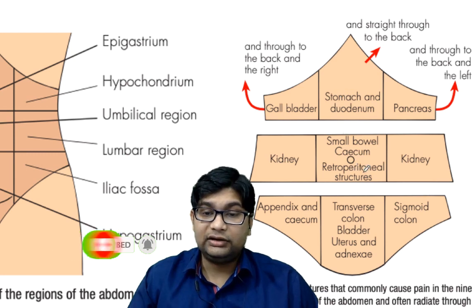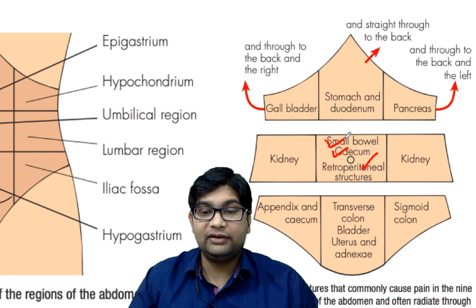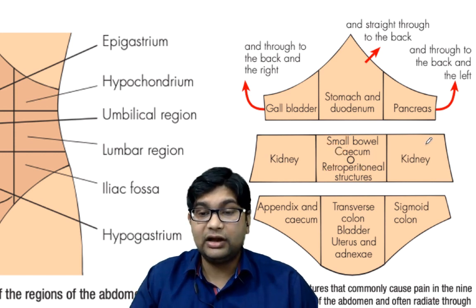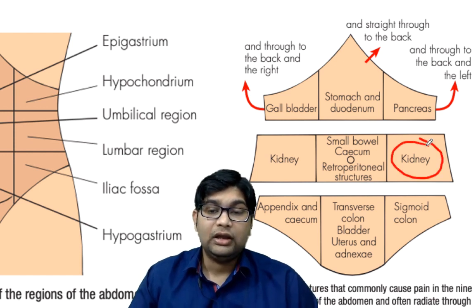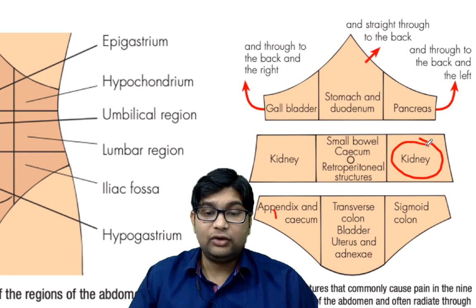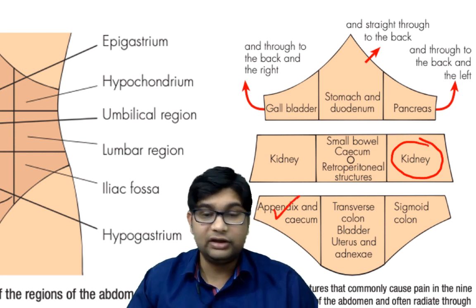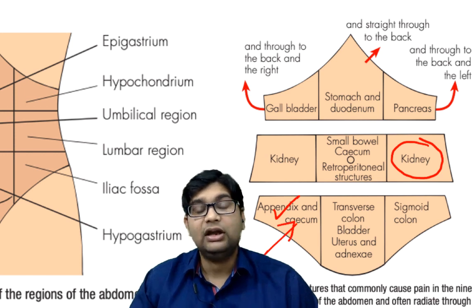The umbilical region is occupied by small bowel, some part of the cecum, or even retroperitoneal structures, and the left flank or left lumbar region is occupied by the left kidney, while the appendix and cecum occupy the right iliac fossa. If there is pain in the right iliac fossa, you should think of a pathology of the appendix and cecum.